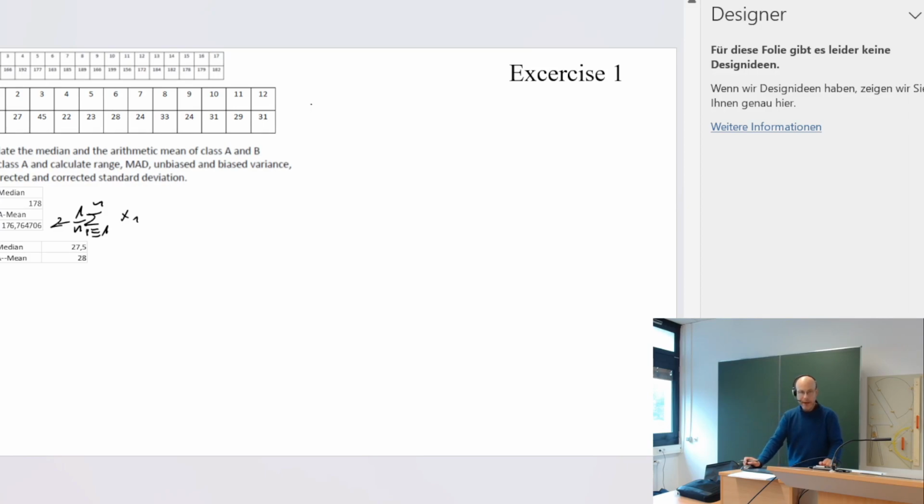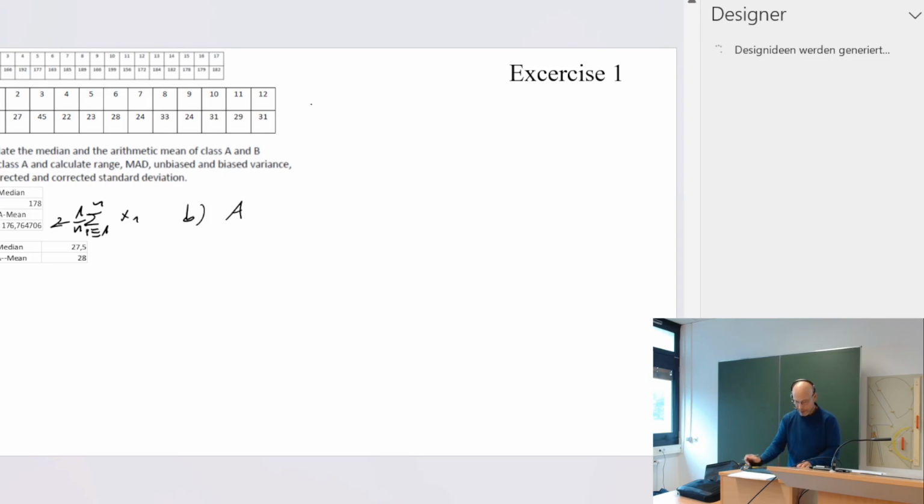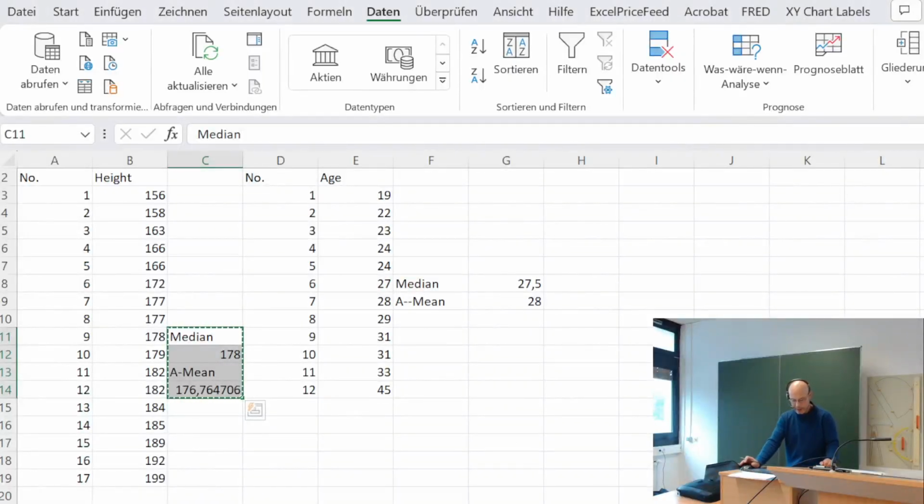So calculate the range. For A, well, this is not that hard. There we can just see the largest guy minus the smallest guy. And this is the range.